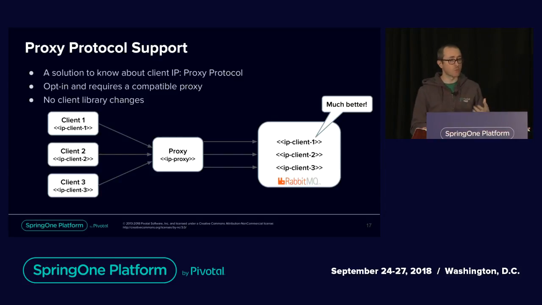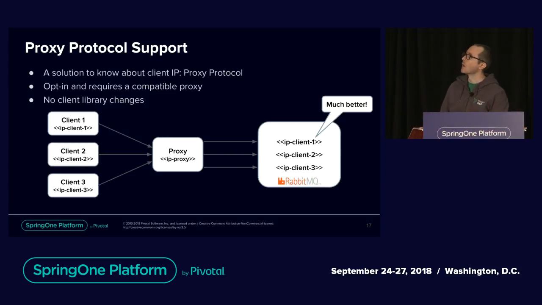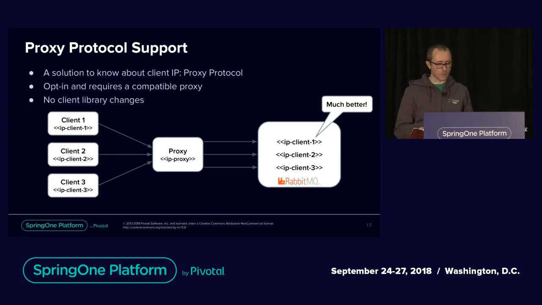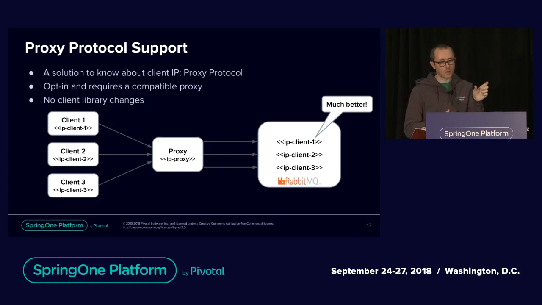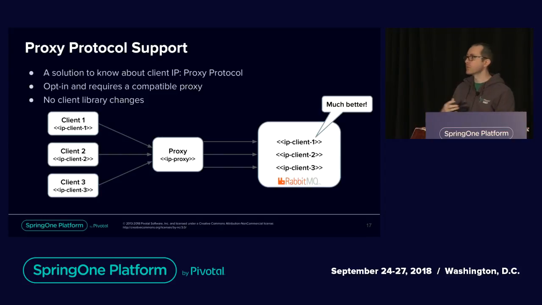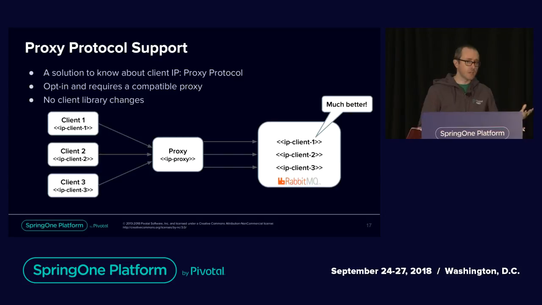That's the proxy protocol support. You must have a compliant proxy for this. When a new connection comes to the proxy, it will forward it, obviously, to the backend server, but it will add some information in the first frames of the TCP connection. Inside this information, you can have the IP address of the client or its certificate if you are using TLS. The backend server must know about that.